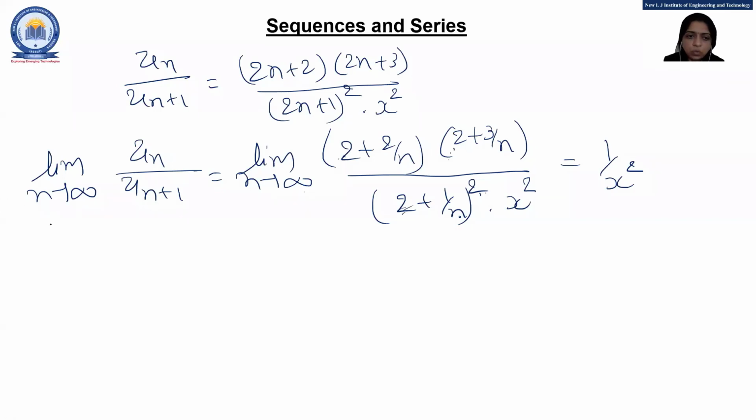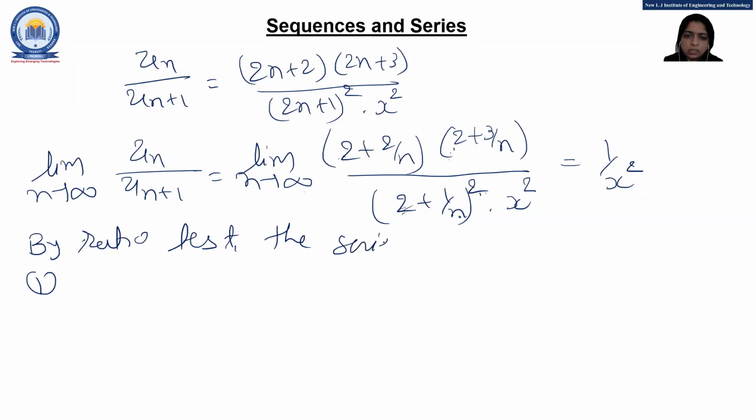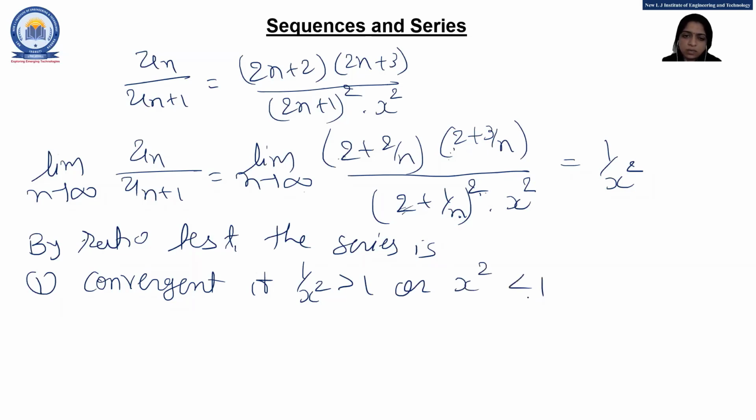And as per the rule of the ratio test, number 1, the series is convergent if this 1 upon x square is greater than 1, or we can say x square is less than 1.